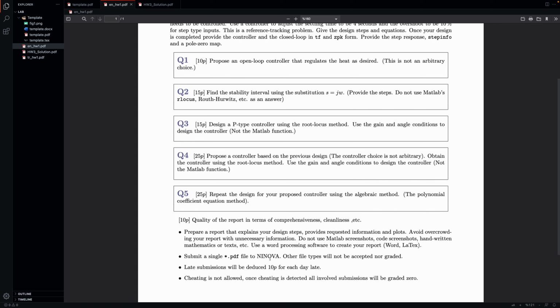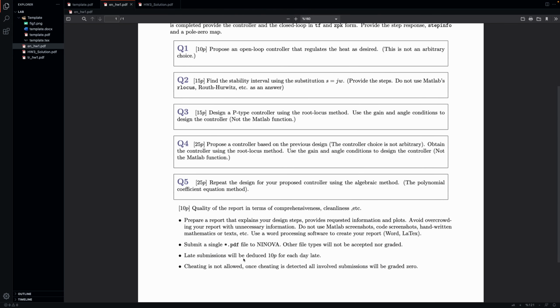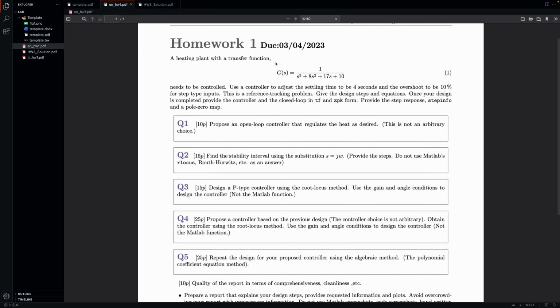When I use Ninova, I can see the upload time, the date, and everything, and it matters because we have a due date here, and for each day that is late, we will deduct 10 points. And of course, this is also limited to 3 days at most, because when this homework's due date comes, homework 2 will be immediately online, and you will be switching from homework 1 to 2, and then from 2 to 3, etc.